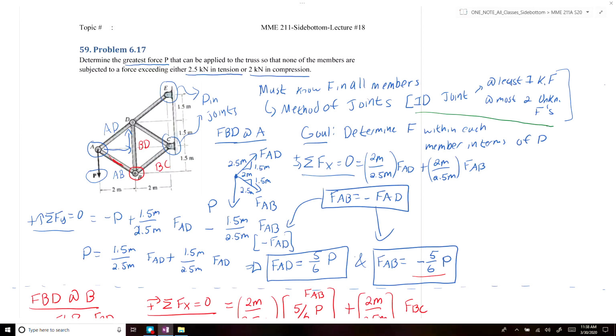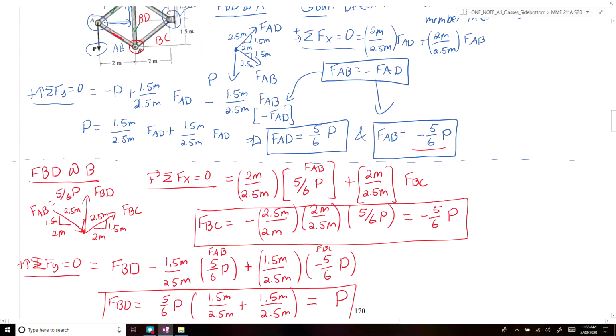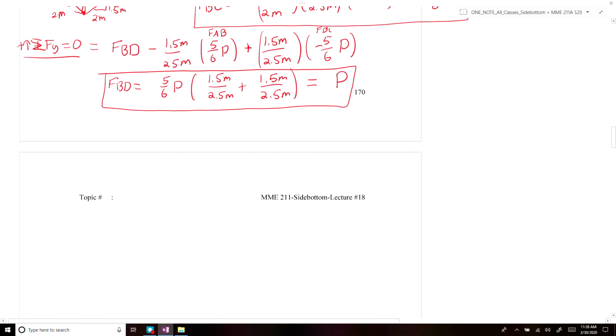So now, since we know the forces within AD and within BD as well, we know that at point D we have two unknown forces, DE and DC. So we can try to solve for those two unknown forces. We're going to draw a free body diagram at point D to solve for those two unknowns.